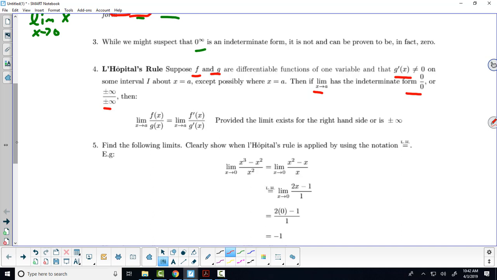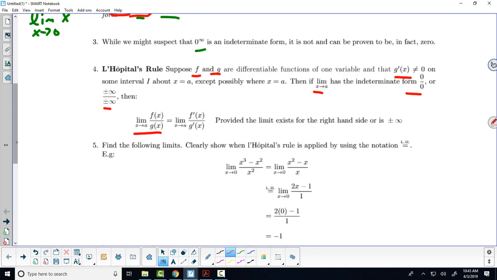By the way, going forward, I'm just going to say infinity over infinity, but it could be any combination of pluses and minuses. Then the limit that I can't evaluate right away, because it has indeterminate form 0 over 0, will be the same as this limit here.